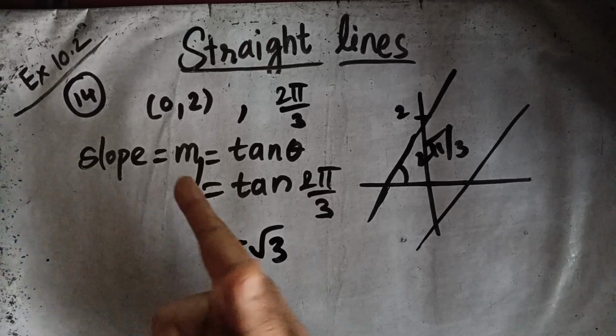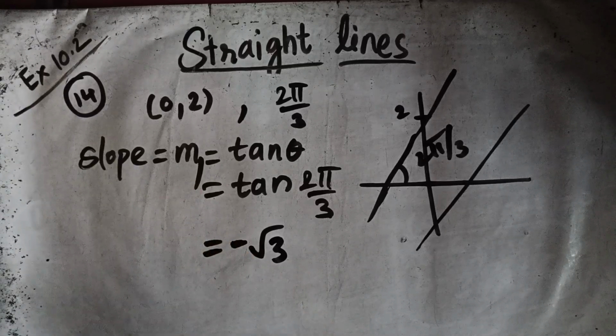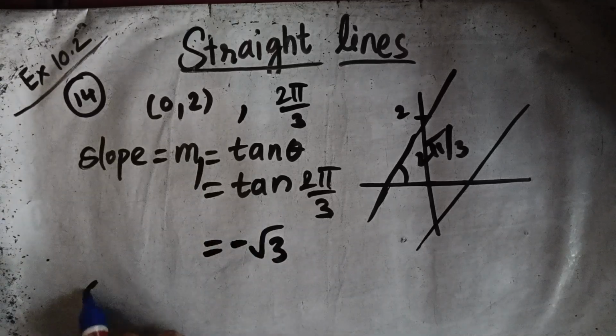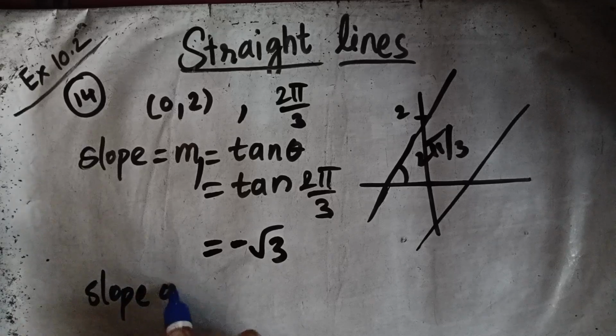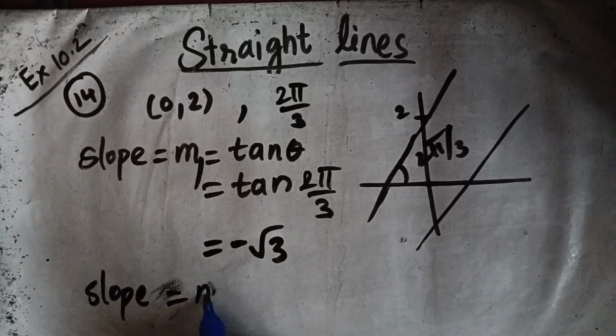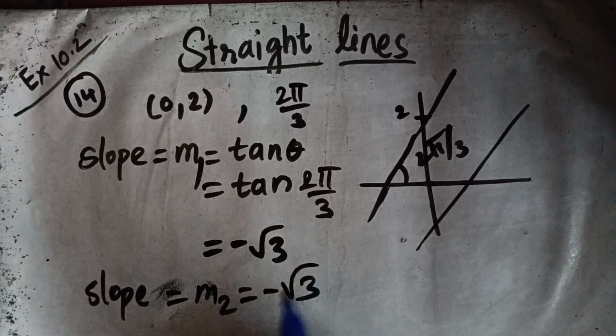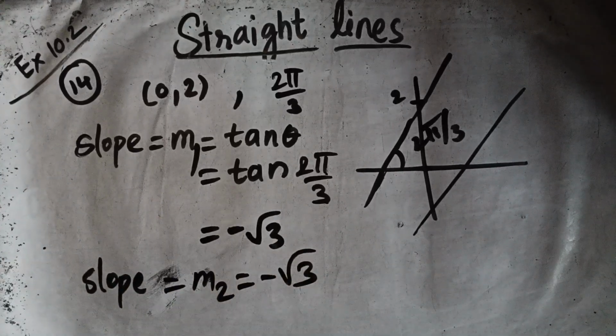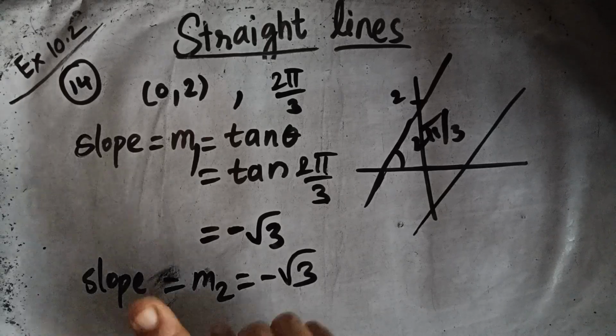Okay. Tan of 60 is root 3 and it falls in the second quadrant, means its sign is negative. So this is the slope of the first equation, and we know that for a parallel line, the slope of the second line is the same, minus root 3. Okay. So we can find the equation of the line using the point slope form.